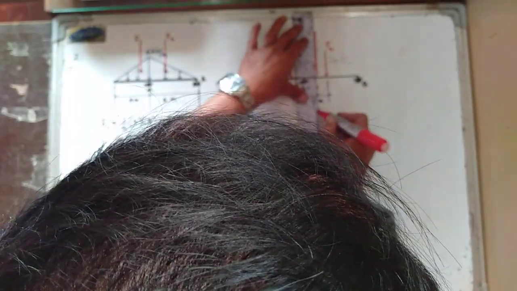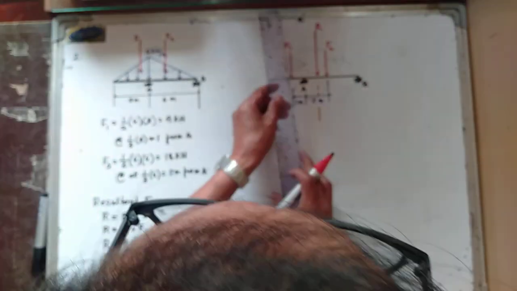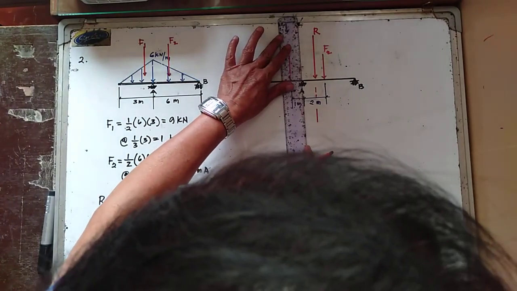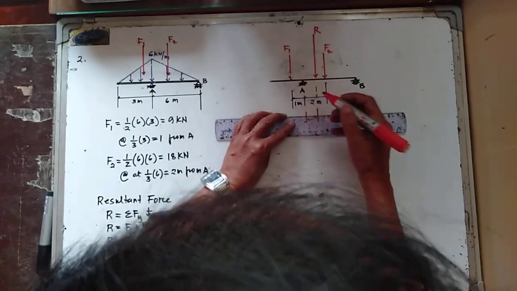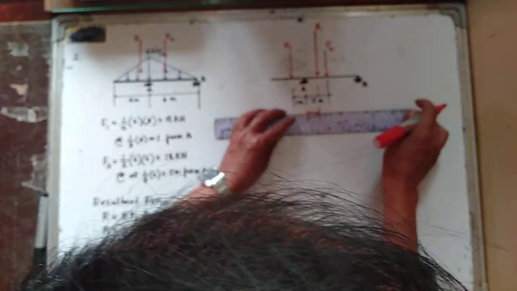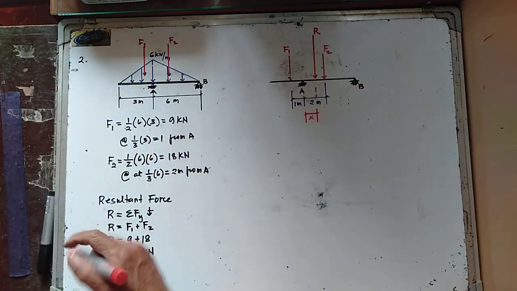I'm going to consider now that the resultant is acting at a distance x from point A.